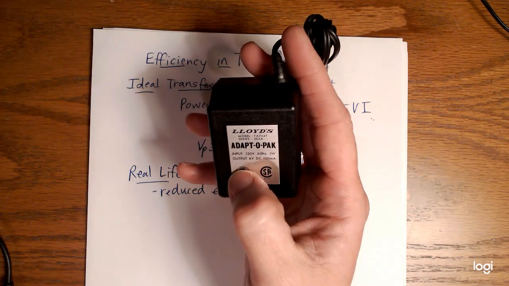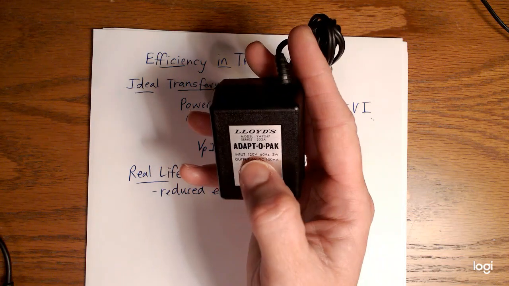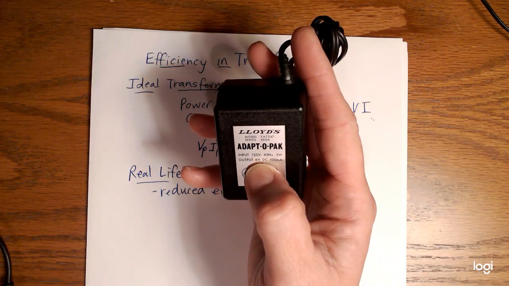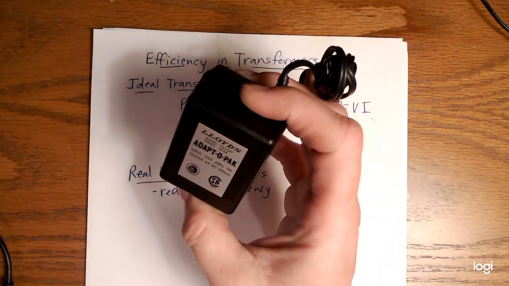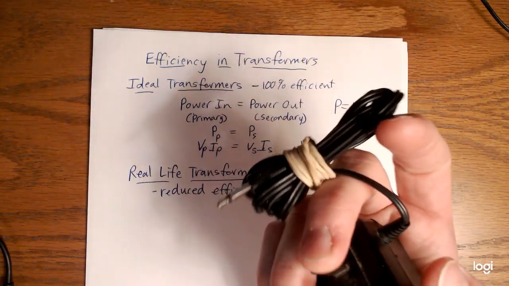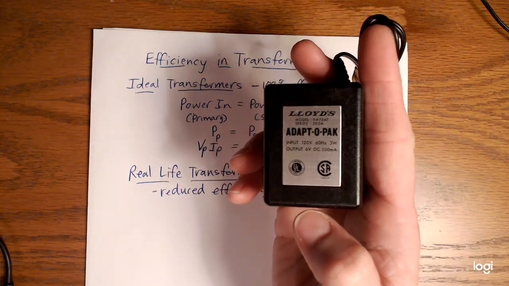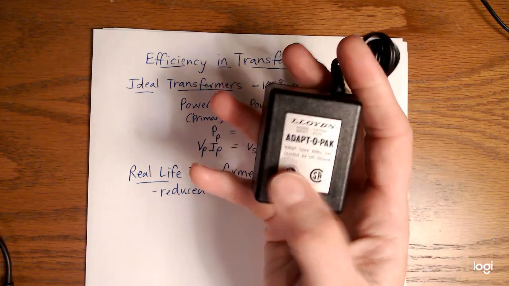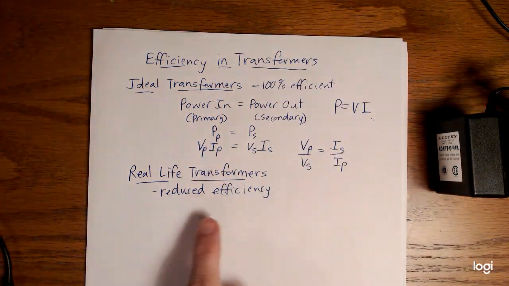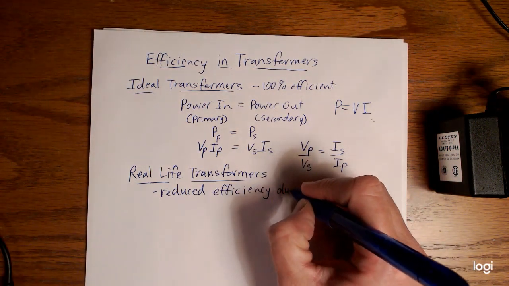But we know that there's a transformer in here because it's changing the value from the wall, 120 volts, to a value of 6 volts that we would need inside. If you've ever plugged in anything, you especially notice it when you plug in your phone. You take that out of the wall, you hold on to it, oh, it's very warm. So that's the real life transformer, because it has reduced efficiency due to heat loss.